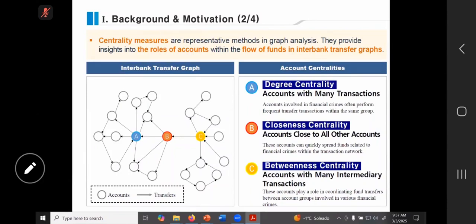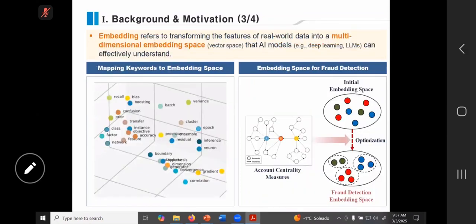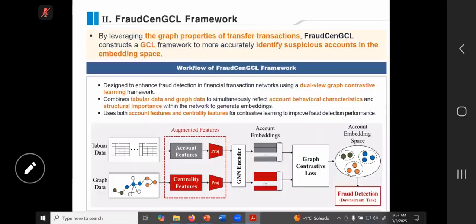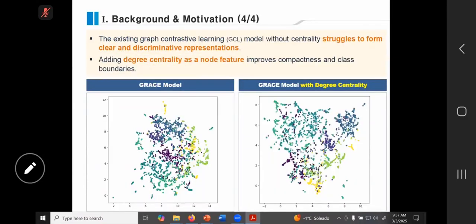And did you explore other measurements like PageRank or no degree? You mean the no degree? I think we focused on the degree centrality, so no degree might be an exception. Okay, great.